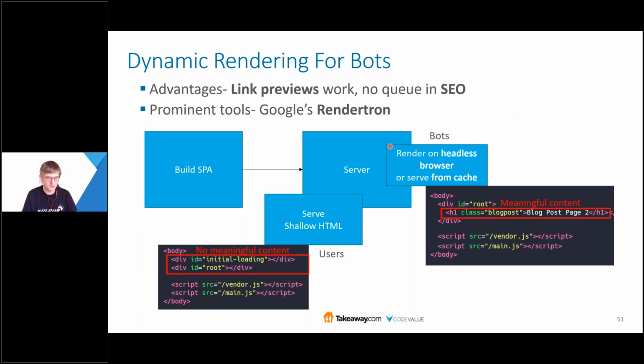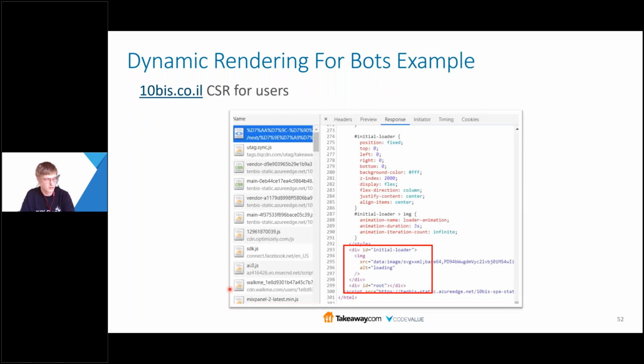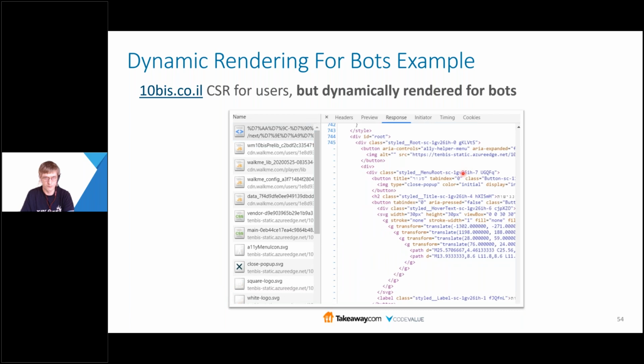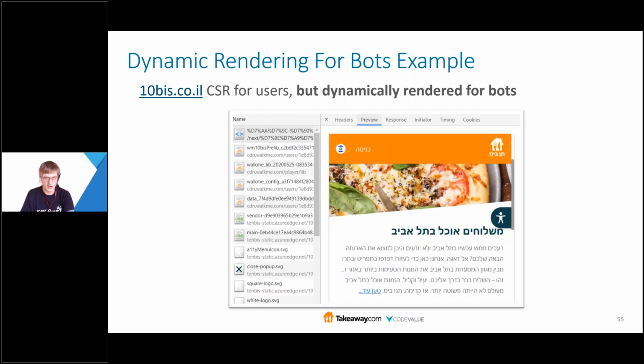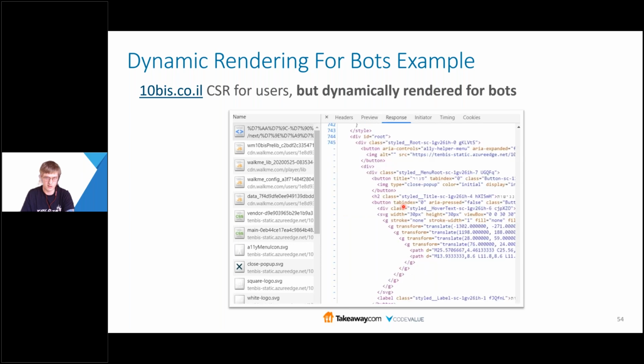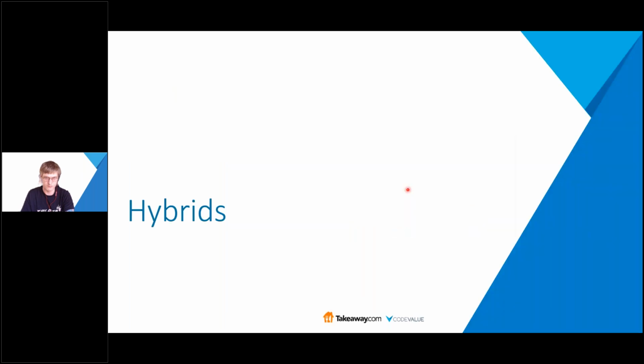So whether Facebook comes to us to generate a preview or Google comes to our website to index some page, we look at the user agent and decide if we want to serve them this version or this version. Okay, so that's how bots see the web pages right away, right? The users see it like this, and the bots receive meaningful content right away.